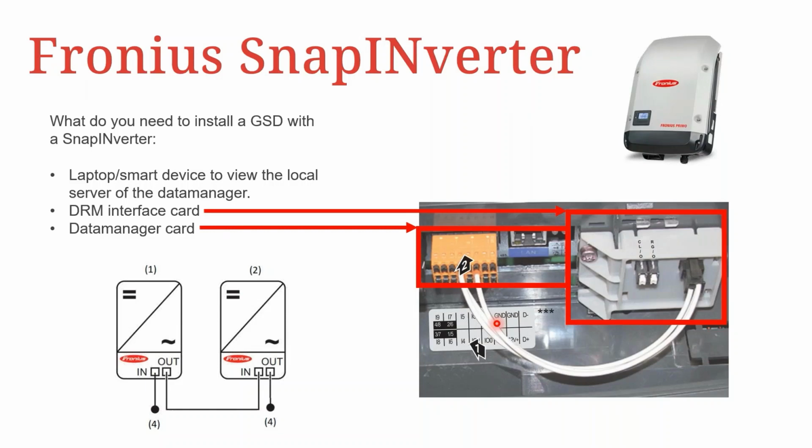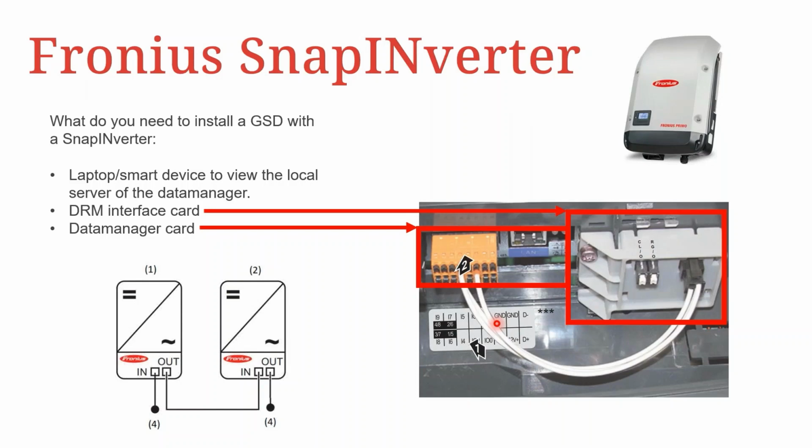Now, before we move to the next step, we're just going to go through some of the finer details here. So a question you might have is, what if there are multiple SnapINverters on a site? Do you need to have multiple DRM interface cards and multiple GSDs? The answer to this depends on whether all the inverters are connected together in the same solar net loop. In a solar net loop, multiple SnapINverters are connected together via the in and out Ethernet ports in the inverter.